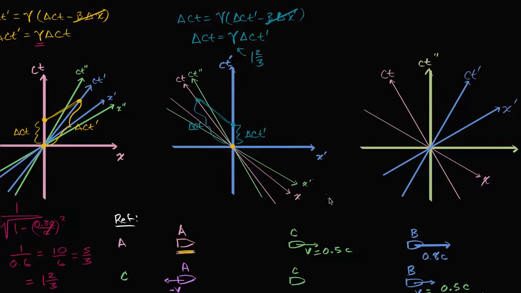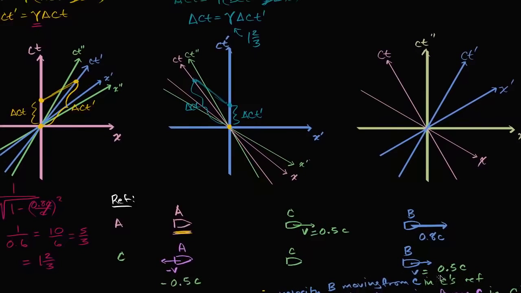We could say, look, if A and B are traveling with a relative velocity of 0.8 times the speed of light relative to each other, B is traveling 0.8 c in the positive x direction relative to a stationary A, or A is traveling 0.8 c in the negative x direction relative to a stationary B, you can find a frame of reference where A and B are both traveling outwards at half the speed of light. And we figured that out where we did those videos on a neutral frame of reference.